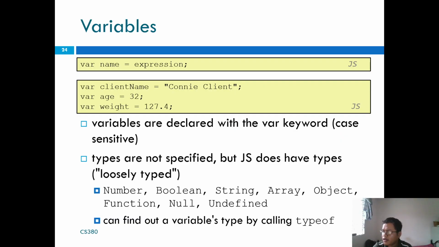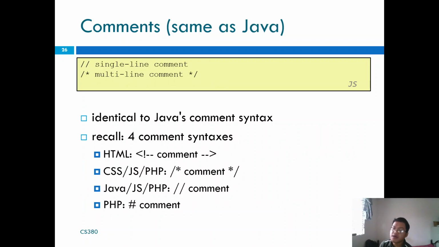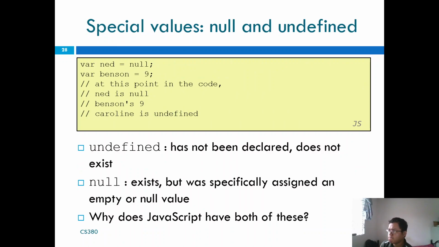In JavaScript, what are its variables, numeric types, how we handle numbers, operators, comments, math objects, like its built-in functions, and the special values null and undefined.